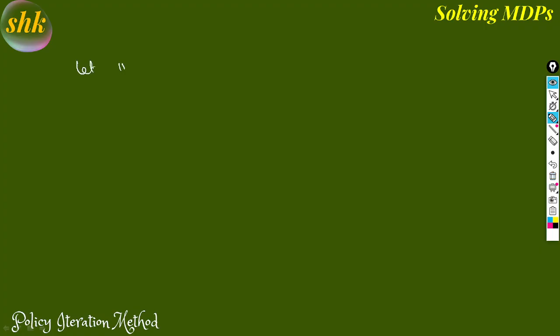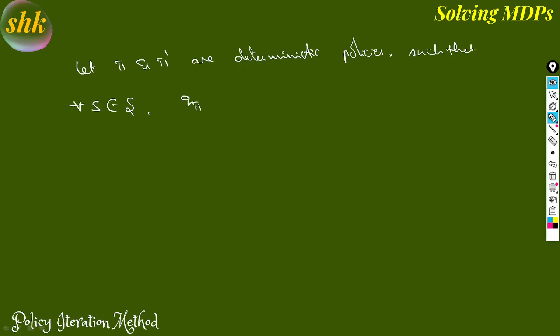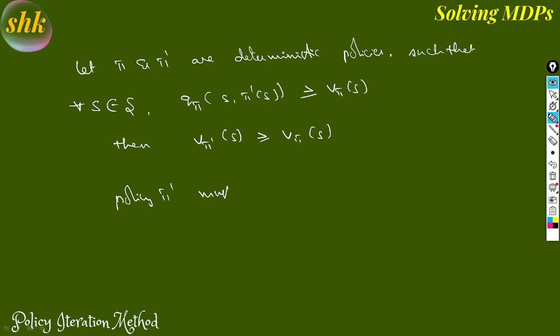So let pi and pi dash be deterministic policies such that, for all states S, a member of the state set S, the value function q of pi, that is S comma pi dash of S, is always greater than or equal to V pi of S. Then we can write that the value function V pi dash of S is also greater than or equal to V pi of S. Therefore, the policy pi dash may be the same or better than the old policy.